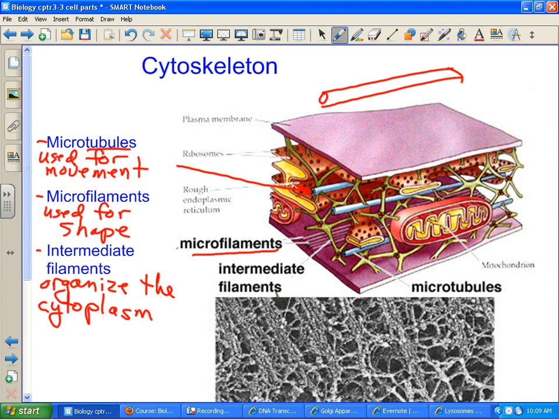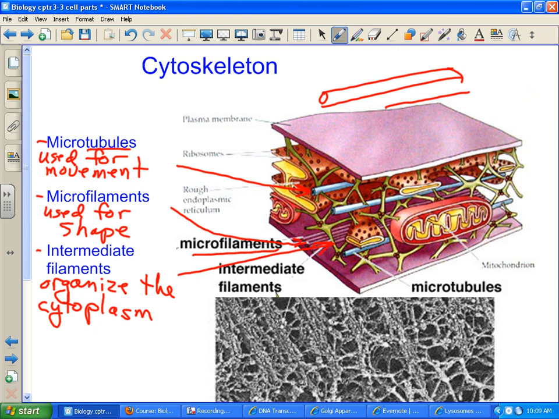The microfilaments, little guys. Compared to this, it might look just like a thread. They're really small, but they're attached to the surface, usually right on the inside of the cell membrane. And then the last ones, the intermediate filaments, are these green, bungee-looking cord things.